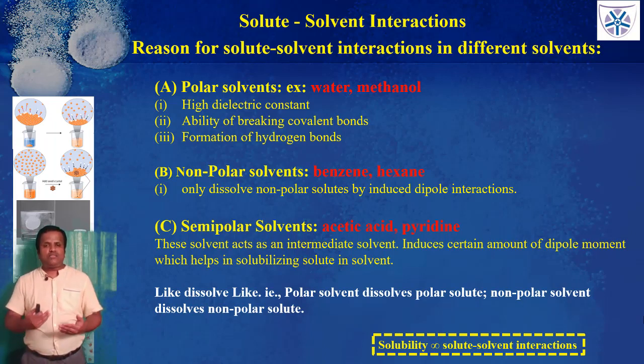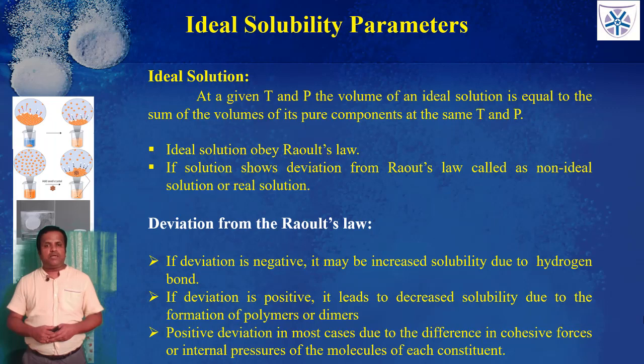Next to the solubility, there is another component called ideal solubility parameters. Before entering into ideal solubility parameters, we will look into the ideal solution. What is an ideal solution? If I take two components A and B at a given temperature and pressure, the volume of the ideal solution is equal to the sum of the volumes of its pure components at that temperature and pressure.